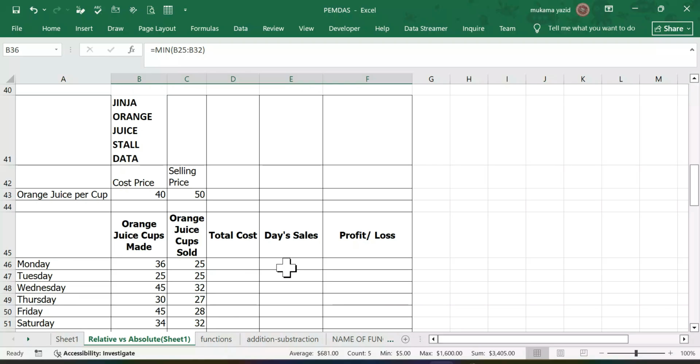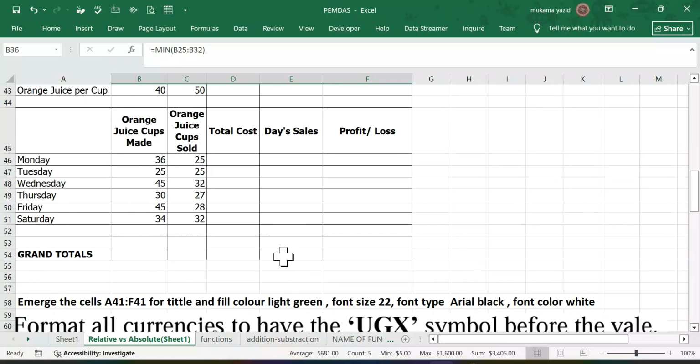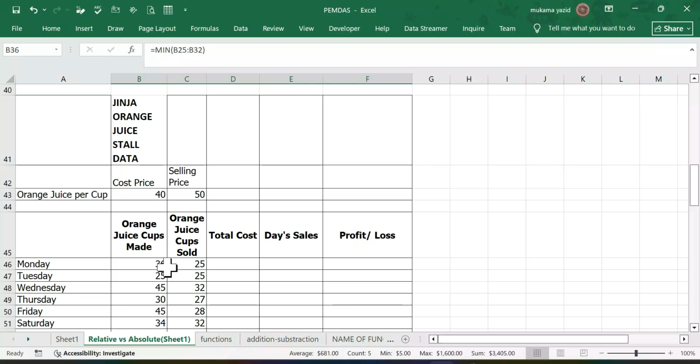Then if we want to get the day's sales, that is the selling price or the selling amount we got. If we managed to make 36 cups, and we just managed to sell 25, it doesn't mean that if you made 36 you're going to sell all of them.